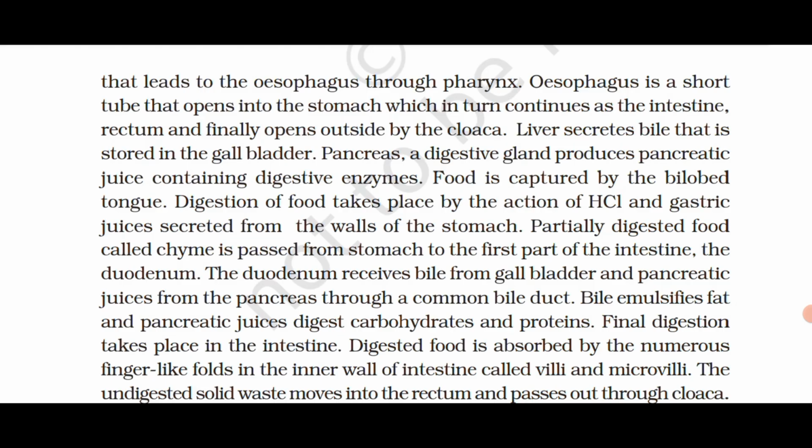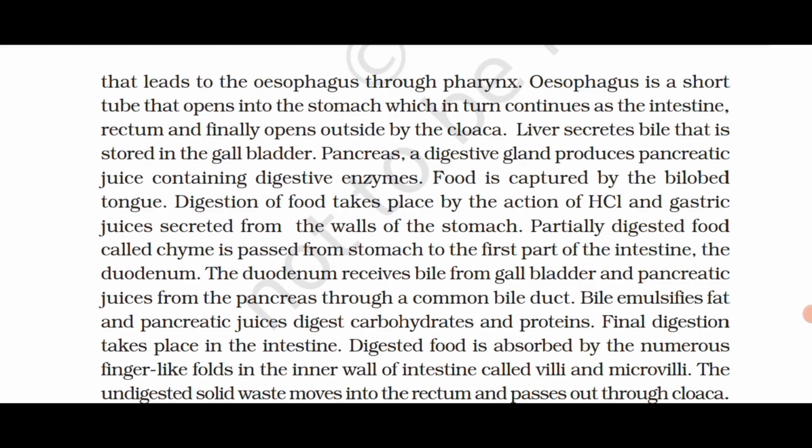Partially digested food, called chyme, is passed from the stomach to the first part of the intestine, the duodenum. The duodenum receives bile from the gallbladder and pancreatic juices from the pancreas through a common bile duct. Bile emulsifies fat and pancreatic juices digest carbohydrates and proteins.